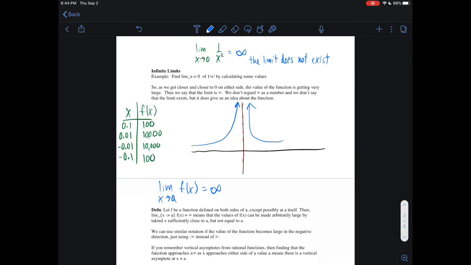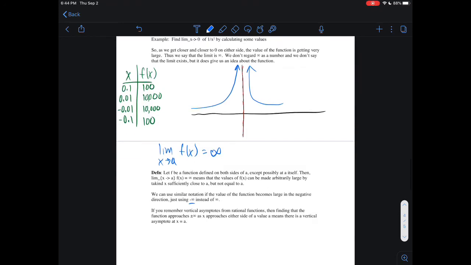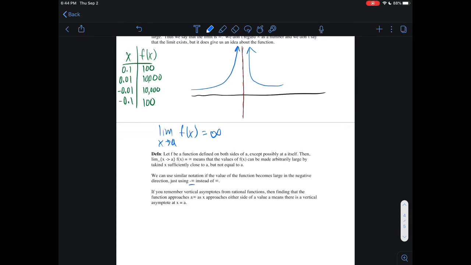We can also use similar notation if the value of the function becomes large in the negative direction, using negative infinity instead of positive infinity. And this relates to vertical asymptotes for rational functions. Finding that the function approaches positive or negative infinity as x approaches either side of a value a means that there is a vertical asymptote at x equals a.